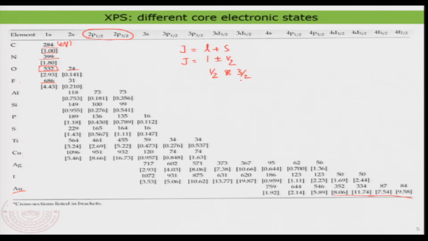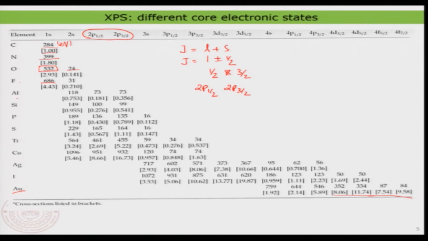That is the reason why you see the 2p states represented as either 2p 1 by 2 or 2p 3 by 2. These are the 2 spin orbital states, and this would always be observed in the elemental analysis, or when you do the XPS spectrum of higher elements.